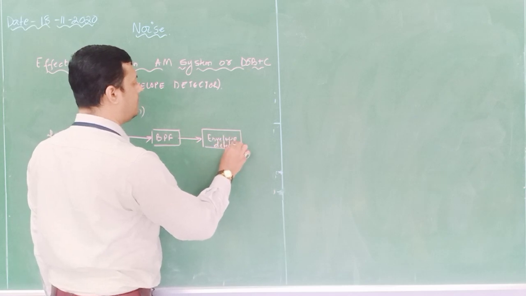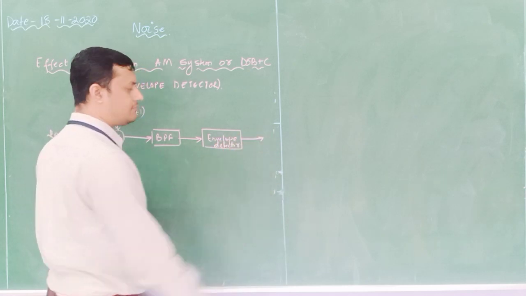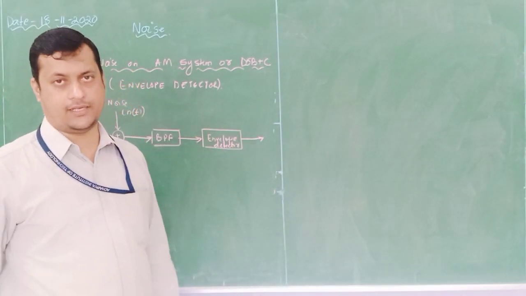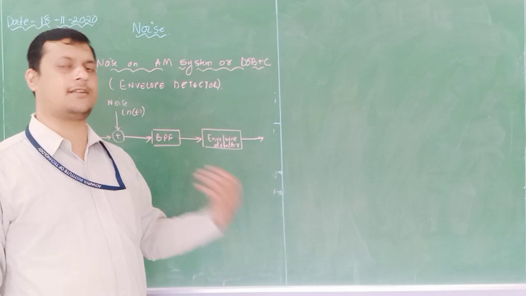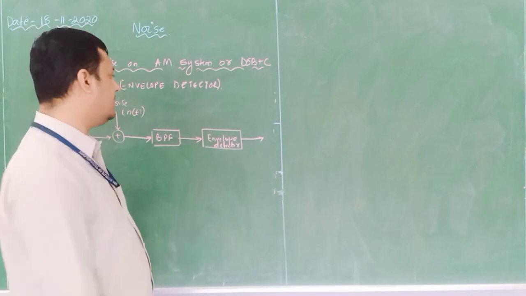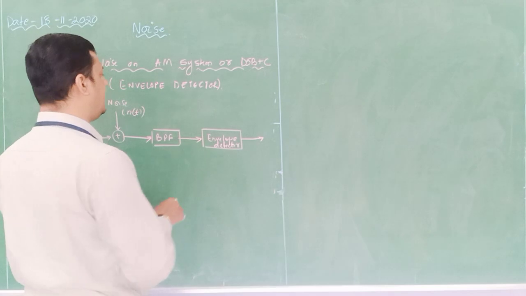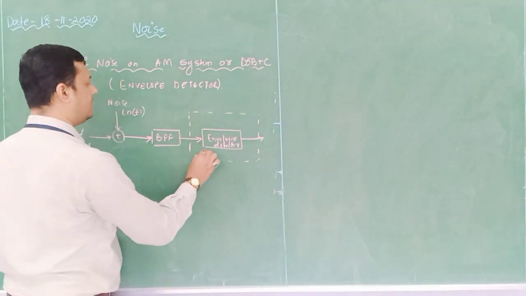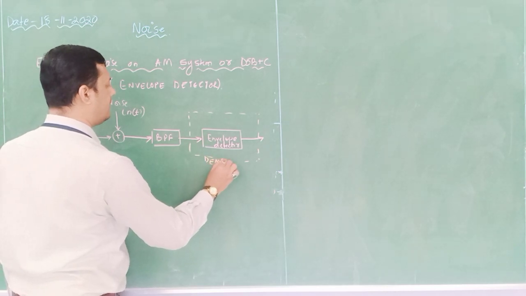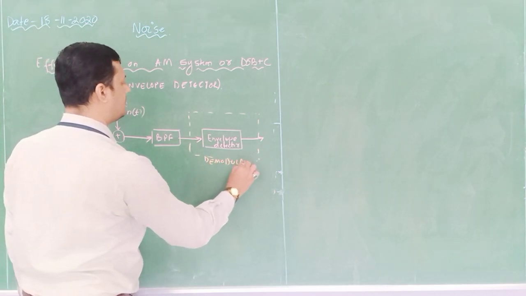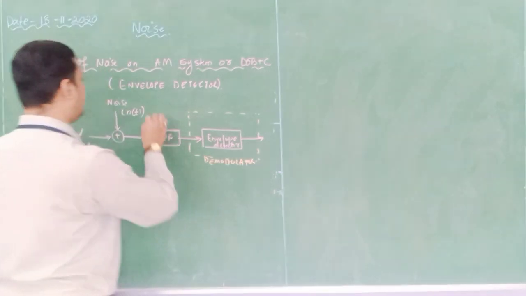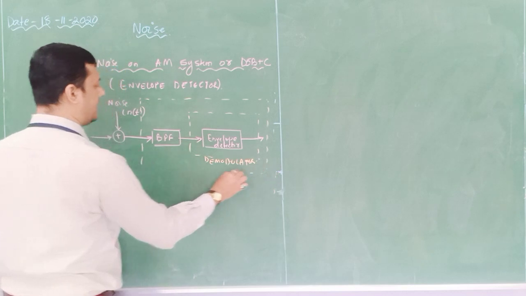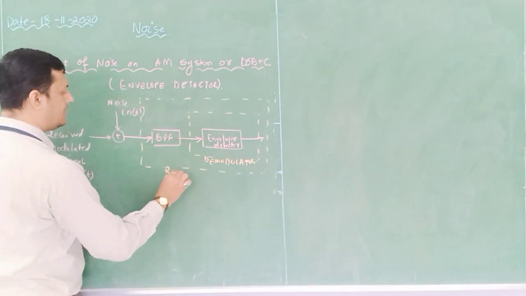As we know, in the envelope detector, the signals are added up. Only the magnitude part we are considering. From that magnitude part, we are extracting the modulating signal. So this is the basic representation. Here I will say this is called the demodulator, and the whole system, including the band pass filter, I will say this is called our receiver.